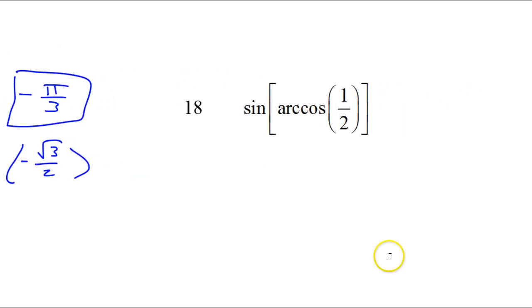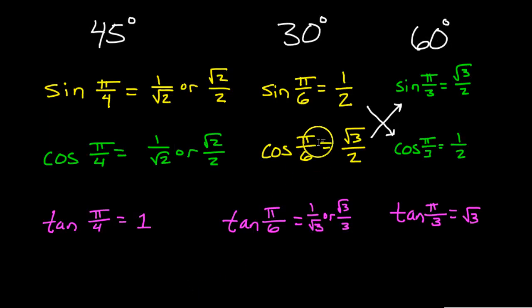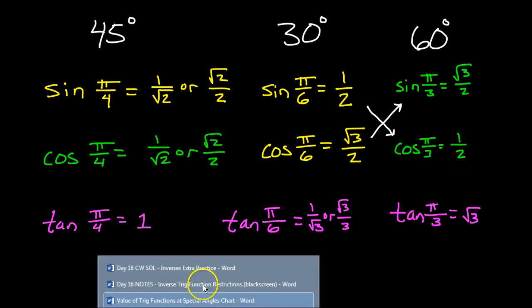Looking at number 18. The arc cosine of 1/2. Well, that's just an angle. It's the angle whose cosine is 1/2. We have memorized that this is pi over 3, because the cosine of pi over 3 is 1/2.